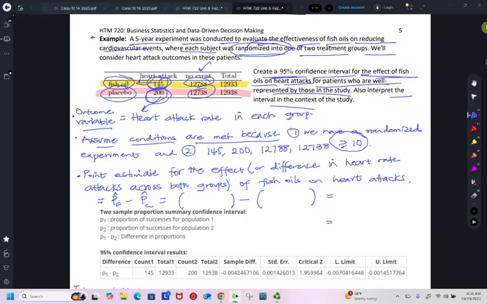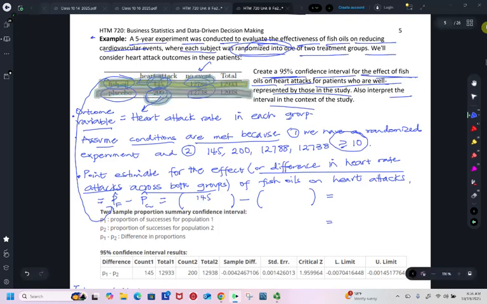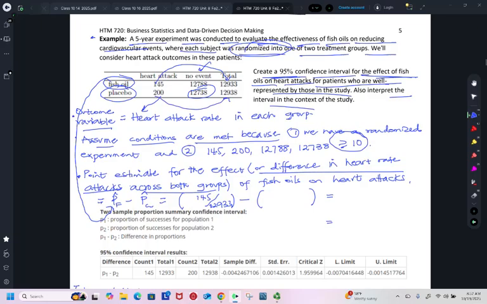So we begin with our analysis. What is the best estimate for the difference in heart attack rates across both groups? I would like, as usual, my proportion of heart attacks in the fish group. So that will be 145 out of 12933 versus in the placebo group, it was 200 heart attacks out of 12938.